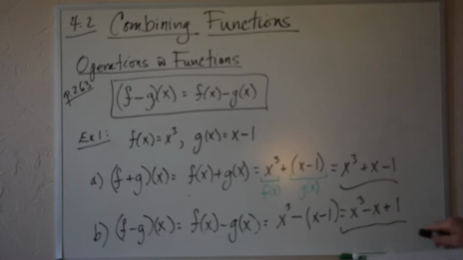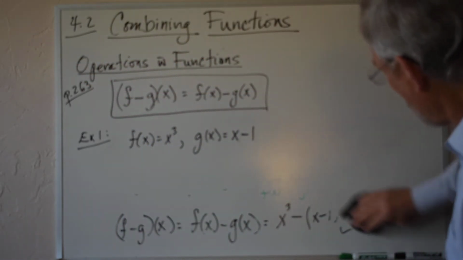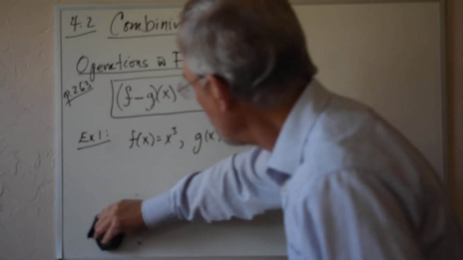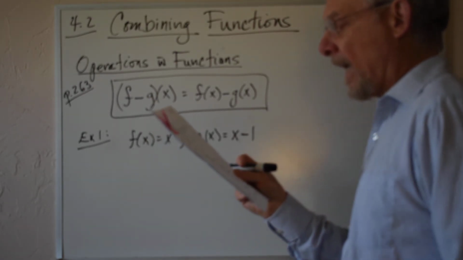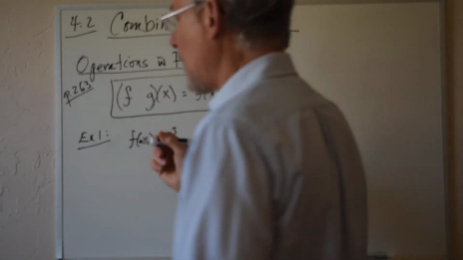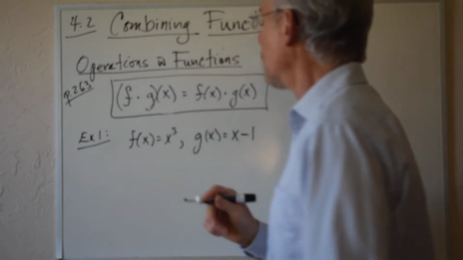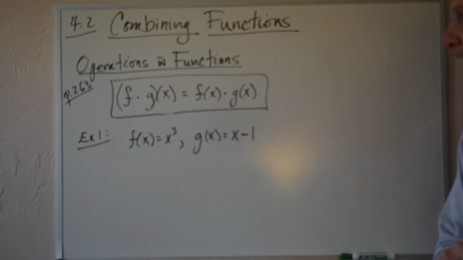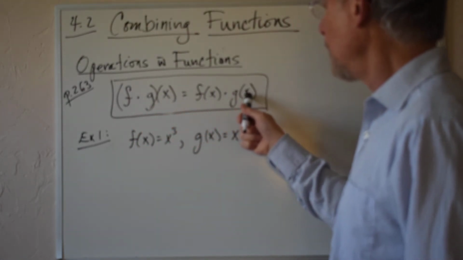All right, so it probably wouldn't surprise you to find out that the next two operations we're going to define for functions are multiplication and division. And likewise, it probably wouldn't surprise you to see this. To define multiplication, we're just going to put the multiplication symbol in place of the subtraction symbol we just had. So in other words, (f times g)(x) equals f of x times g of x.